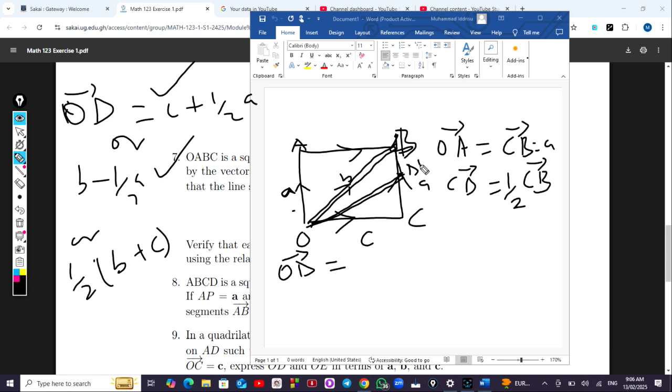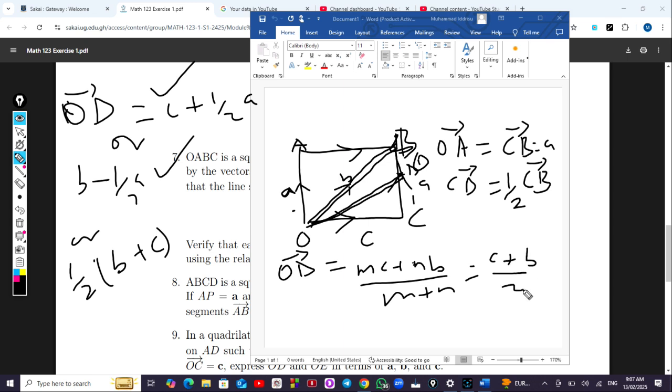Using the formula (m times c plus n times b) all over m plus n, we have 1 times c plus 1 times b, all over 2.